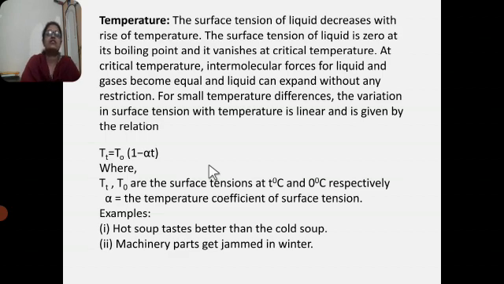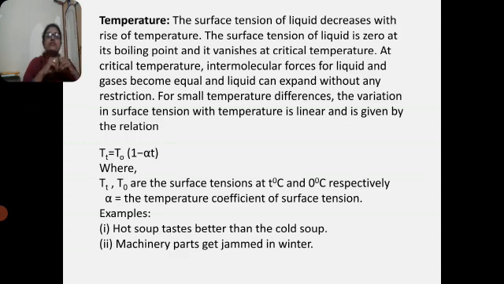The surface tension of a liquid decreases with rise of temperature. The surface tension of a liquid is zero at its boiling point and it vanishes at the critical temperature. At critical temperature, intermolecular forces for liquid and gases become equal and the liquid can expand without any restrictions.